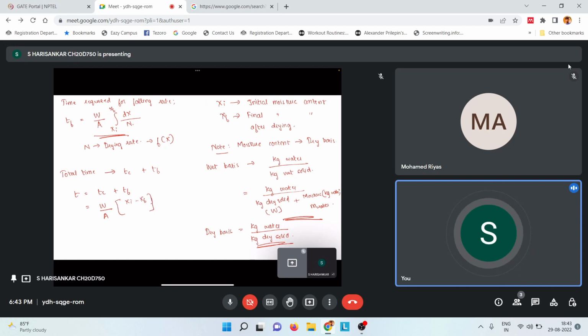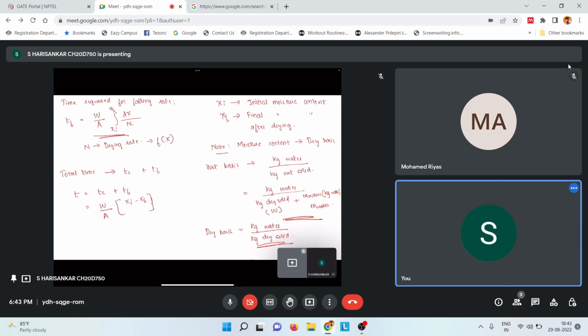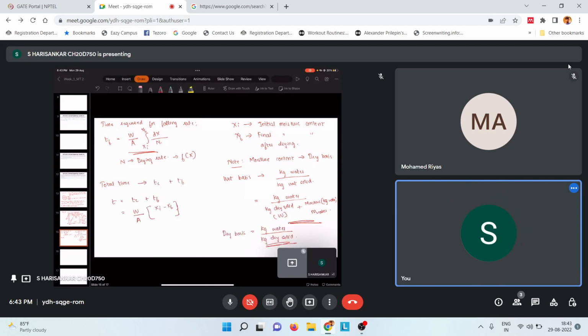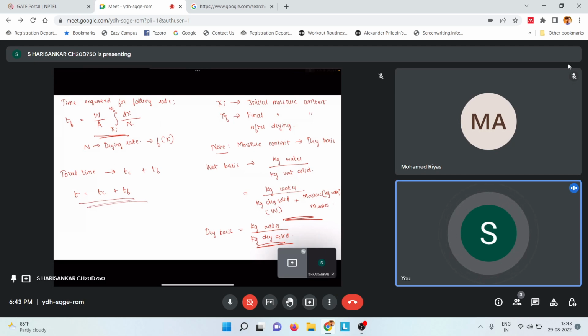Let's take it as x1 and x2. We'll look into this during the problems. So total time is the sum of constant drying rate time plus falling drying rate time.